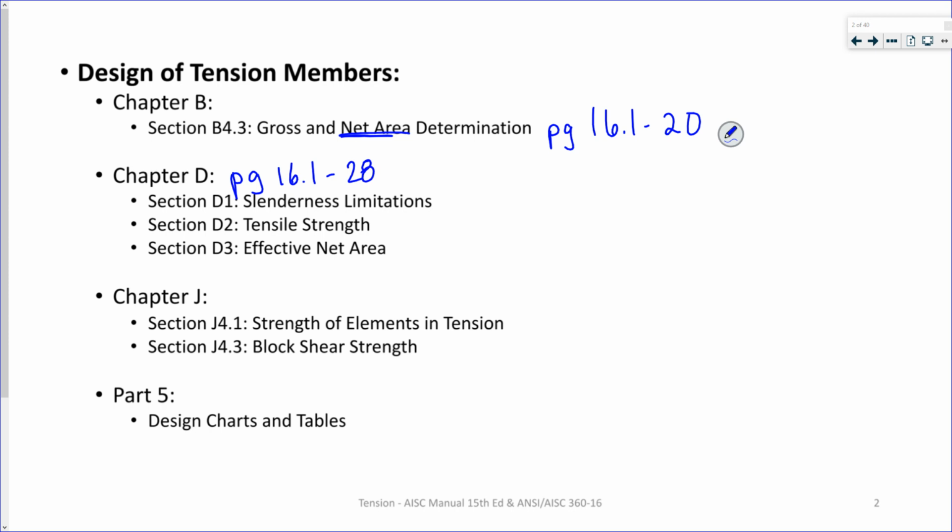But J4 has block shear, starting on page 16.1-137.